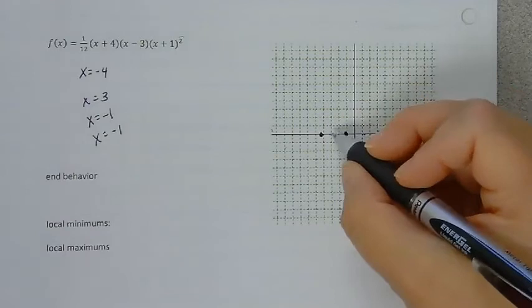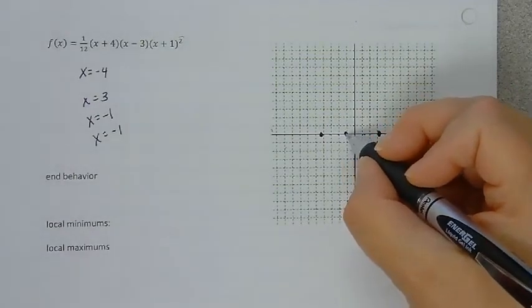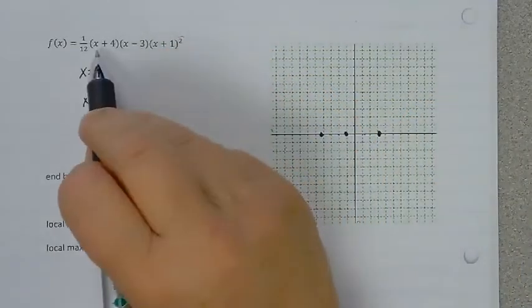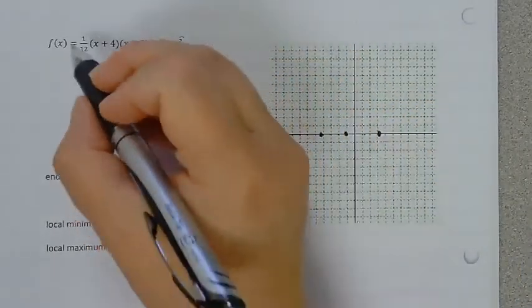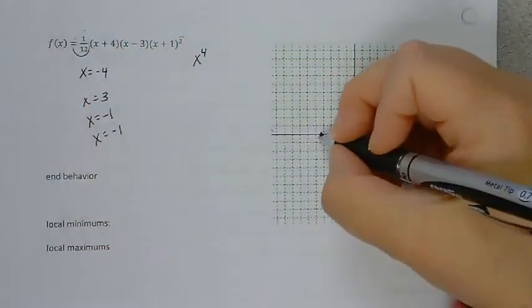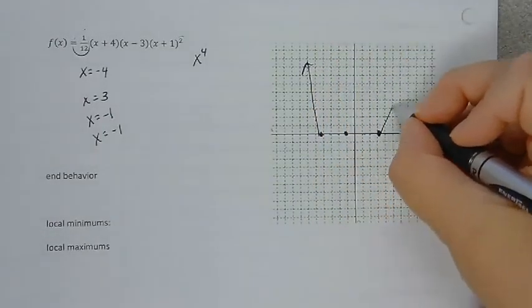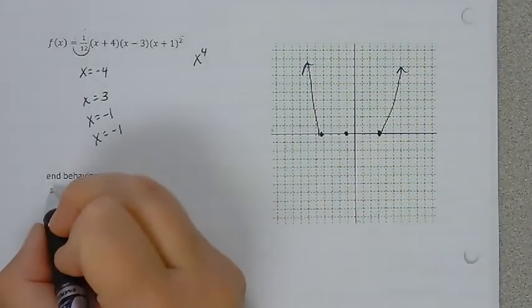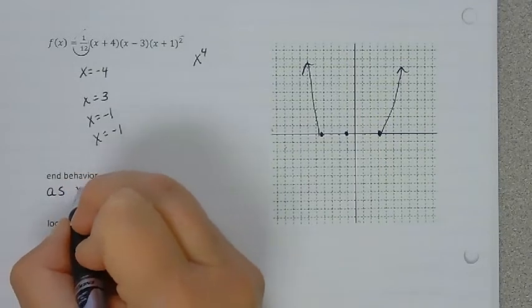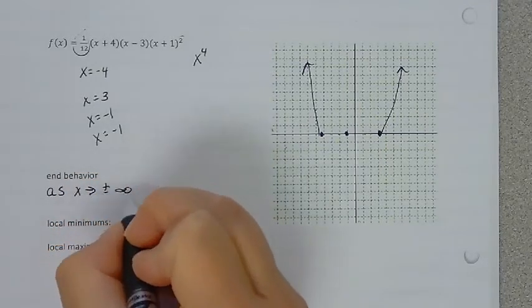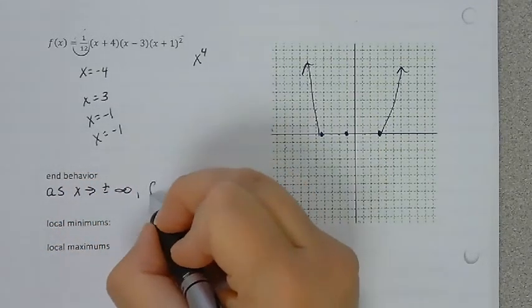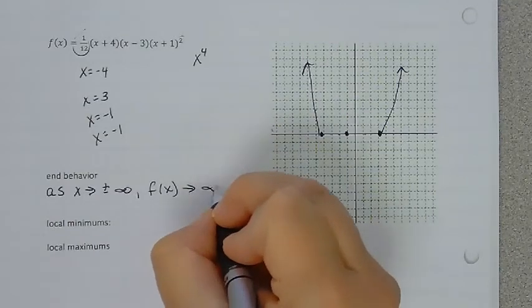Since -1 has multiplicity 2, I know that's going to be a turning point. So this is going to be an x to the 4th equation, and the leading coefficient is a positive integer, so the ends are going to go up like this. So my end behavior as x approaches positive and negative infinity, f of x approaches infinity.